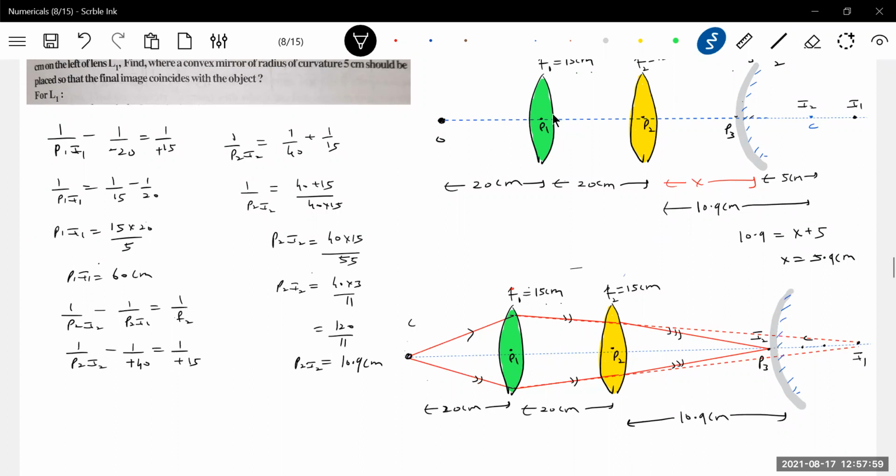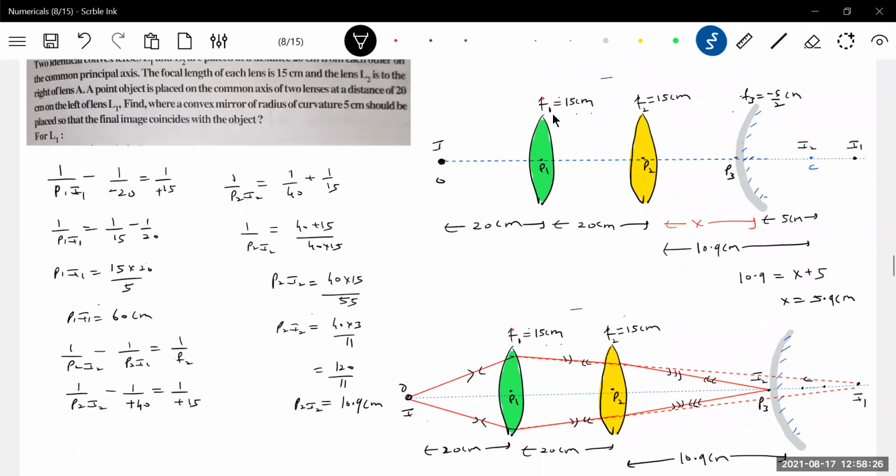Everything should retrace, show the arrows in the reverse way. The final image, I3, should be here. I don't know, I3, I4, what will be that final image. I will write it here.